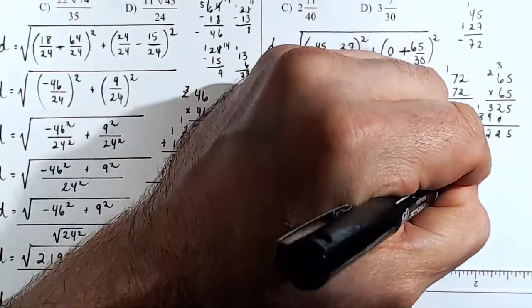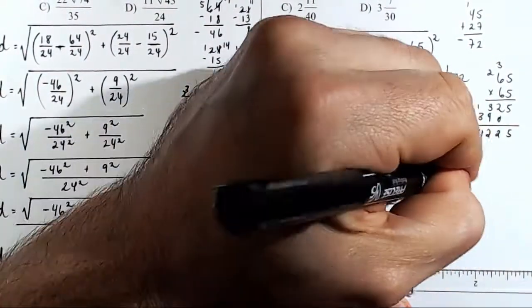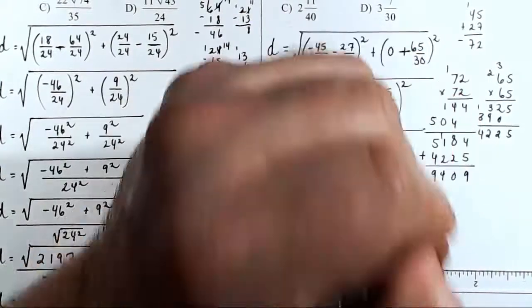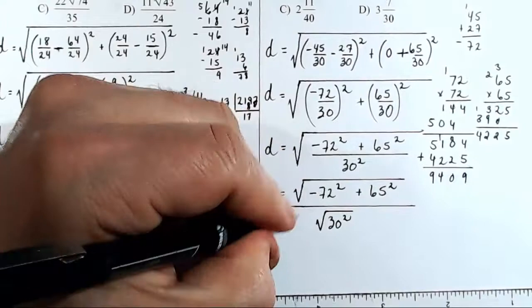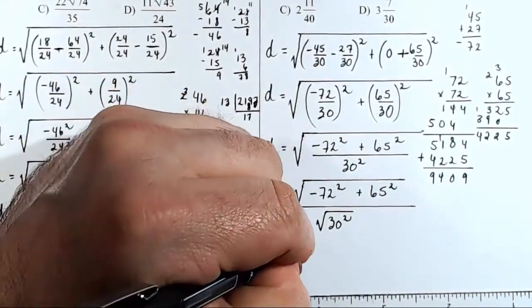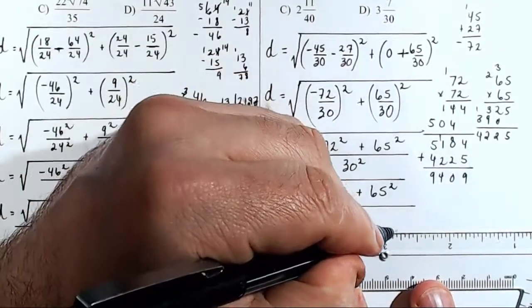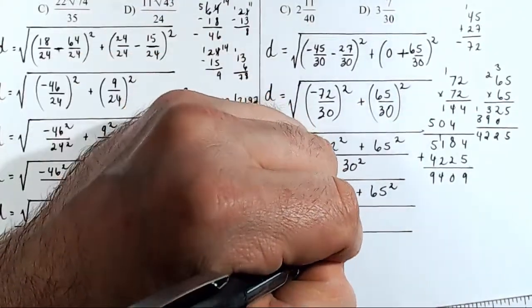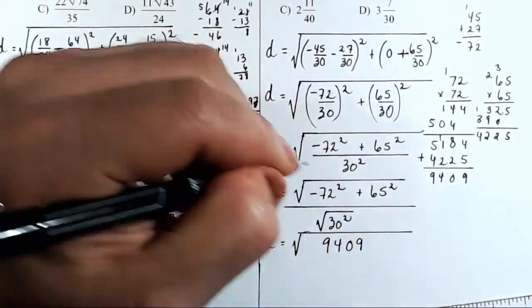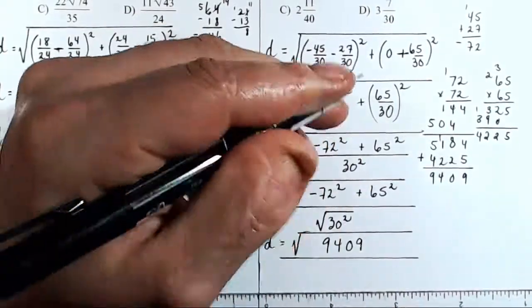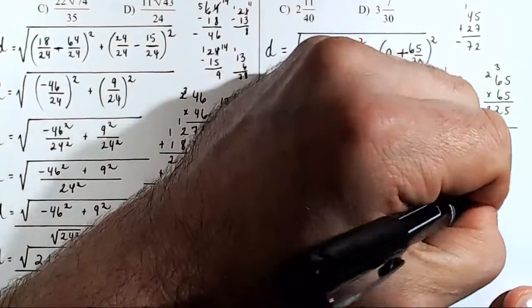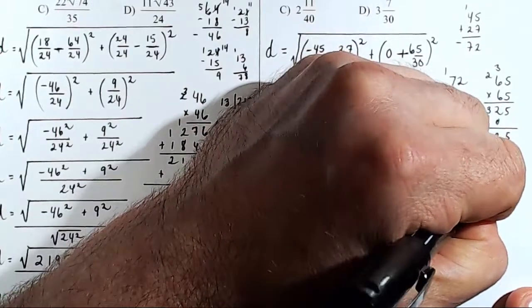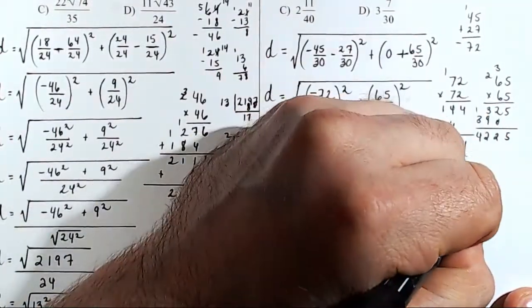That's 9, 10, carry the 1, 4, and 9. 9, 4, 0, 9. Good Lord. So D is equal to the square root of 9,409 all over 30. So now I just have to prime factor 9,409. It's just absurd. Let's prime factor this guy right here.